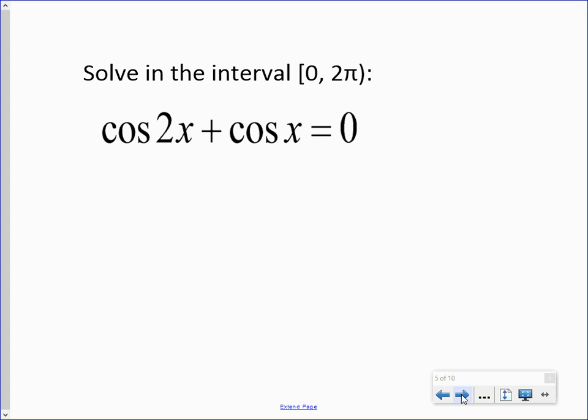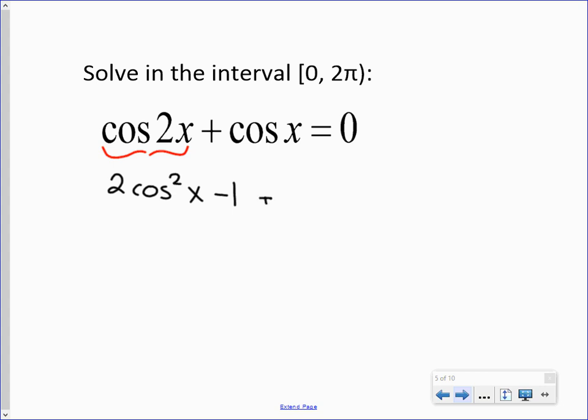Okay, so we're going to use our double angle formula right here. I always have a hard time, is it 2 cosine squared minus 1? Yes. So 2 cosine squared x, minus 1, that's in place of cosine of 2x.